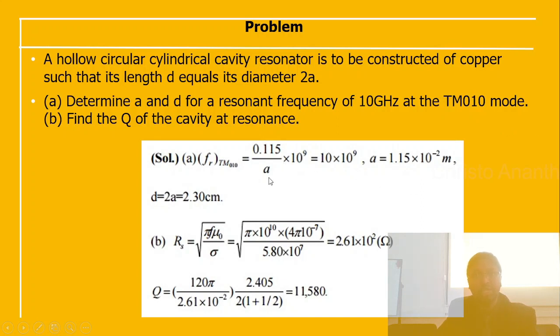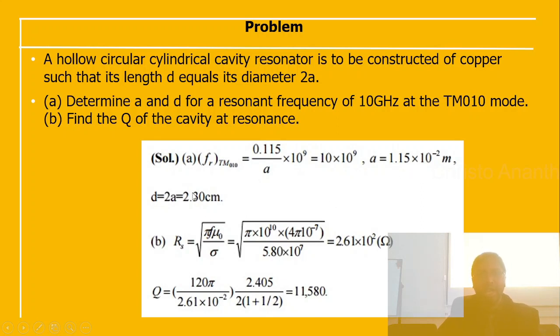Here a and d are being asked for the resonant frequency of 10 gigahertz, which means 10 multiplied by 10 power 9. So in place of fr you substitute 10 gigahertz, and you will find the value of a. It is 1.15 multiplied by 10 power minus 2 meter.